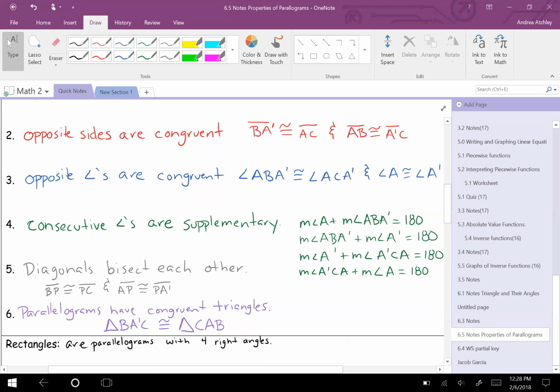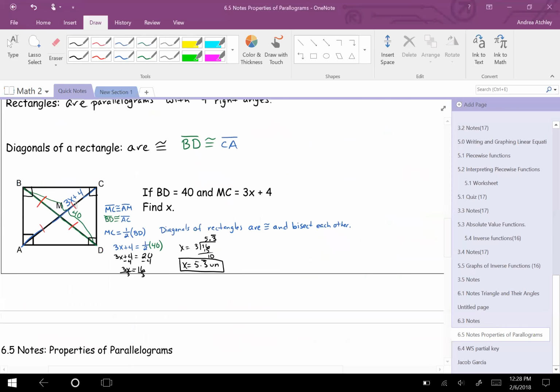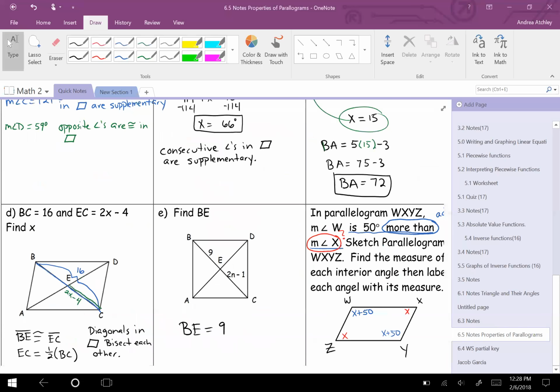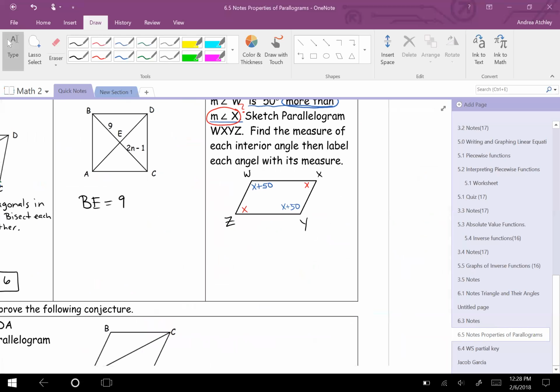Okay, so how can I write an equation here? Leilani, how can I write an equation?